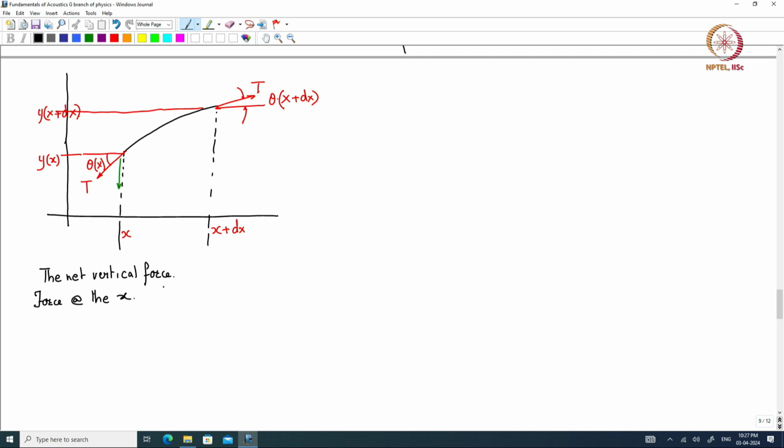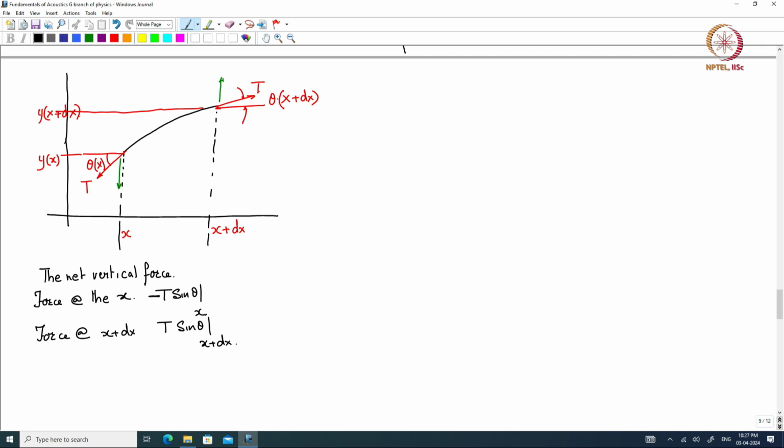So that vertical force is T sin theta at x, with a minus. Then at the right hand end, the vertical force at x plus dx is again T sin theta, but this time at x plus dx.